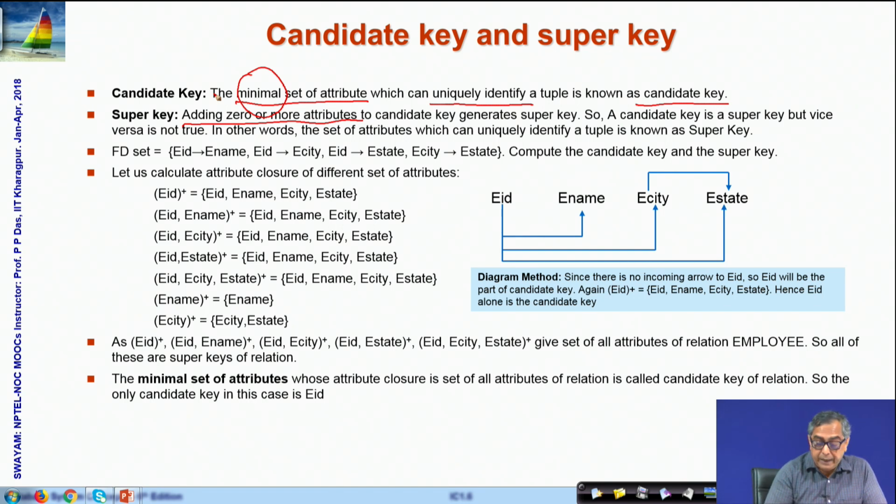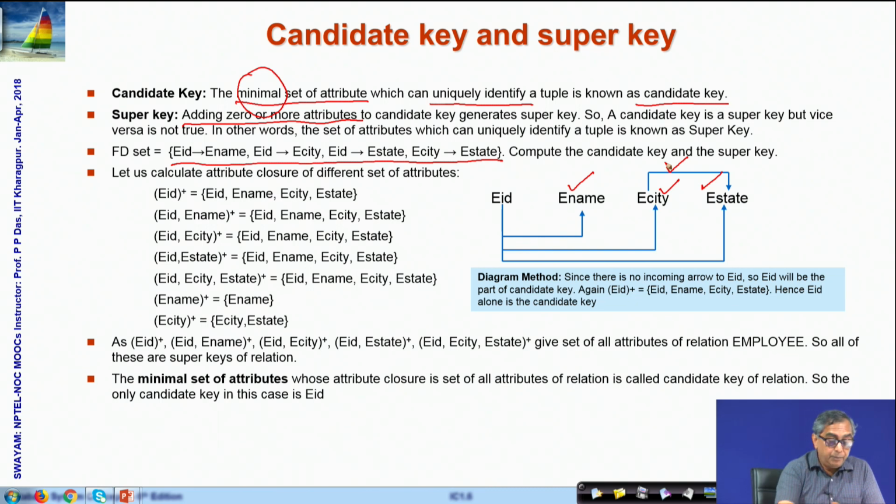For example, here is one example we are showing. There is a set of 4 functional dependencies, shown here diagrammatically. EID is determining E name, EID is determining E city, EID is determining E state, and also E city is determining E state.